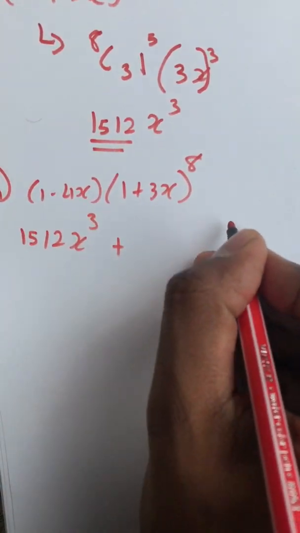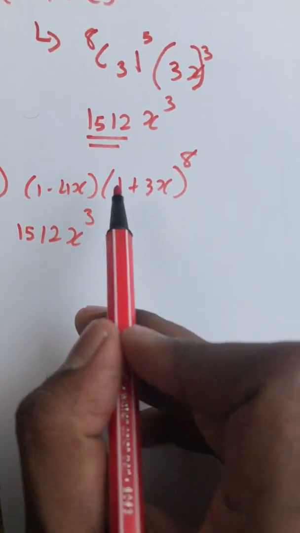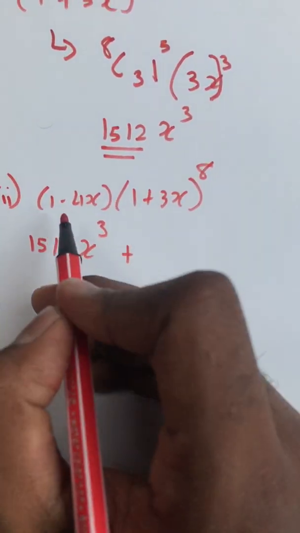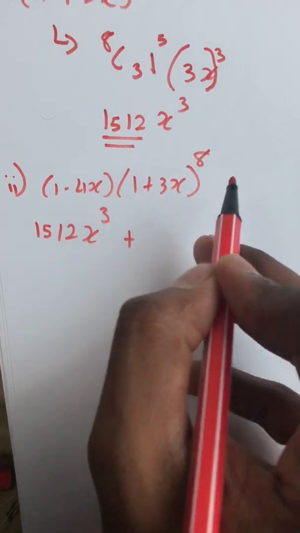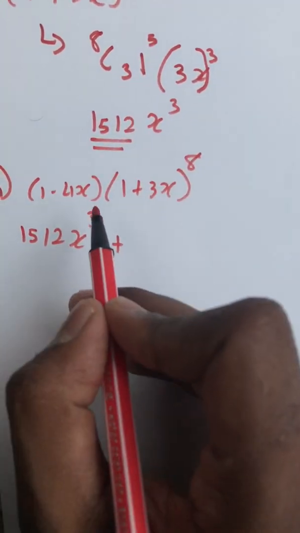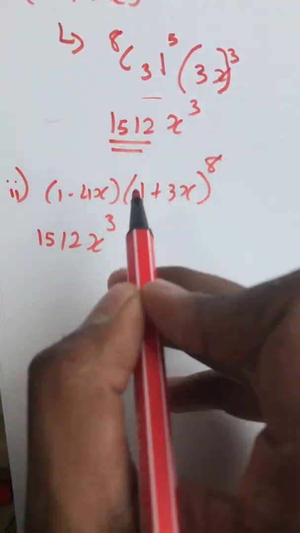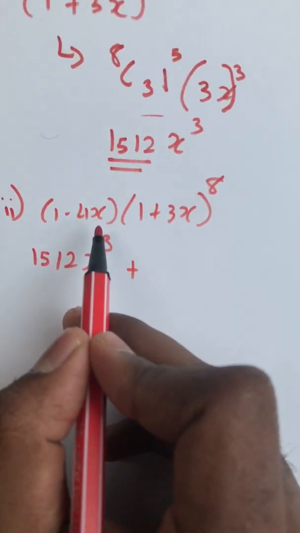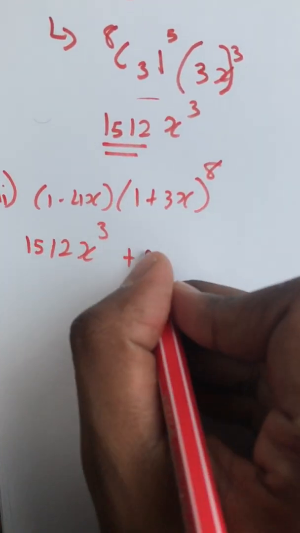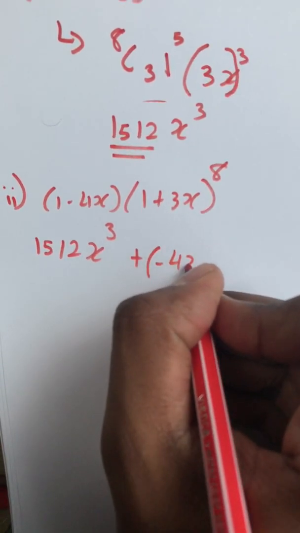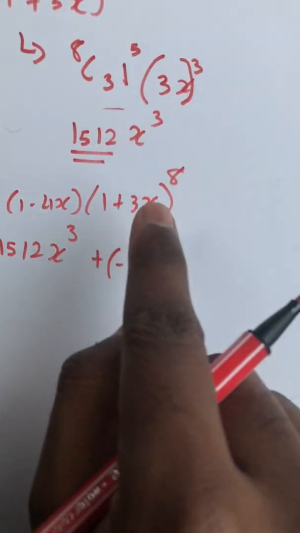Then you have to plus something over here, and that something will come from here. I repeat, how we expand this: 1 times all of this, then negative 4x times all of this. The 1 will times with this, so we write this here. Now for this negative 4x, negative 4x times what will I get x cube?